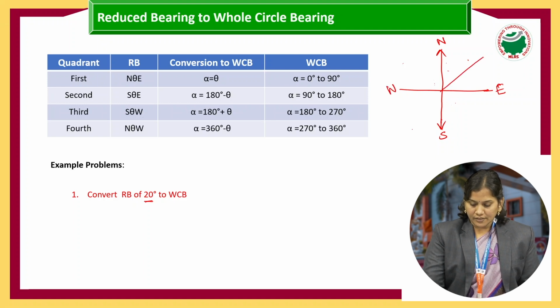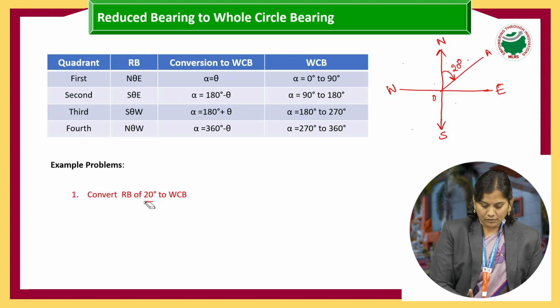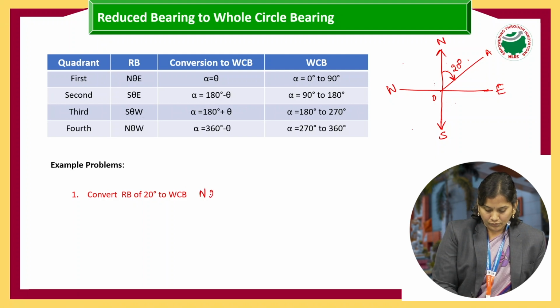So our survey line is in the first quadrant, the angle given is 20 degrees, and you can take this as north 20 degrees east.